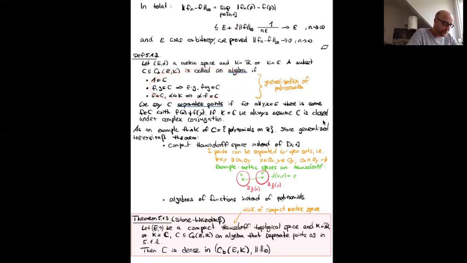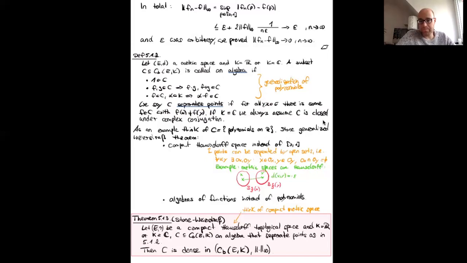Now we say that a set C separates points of E if for all pairs of points we find a function f in C so that f of x is not equal to f of y. Okay, so we are able to say that 2 points are not the same only by studying values of the functions of this set.